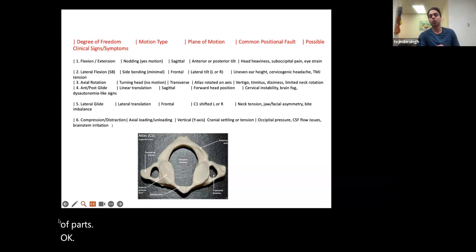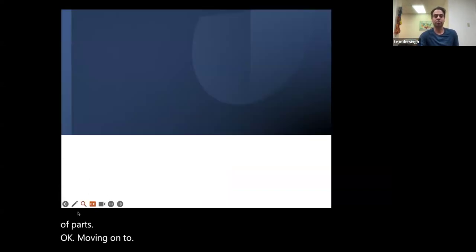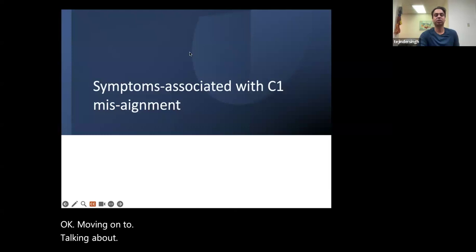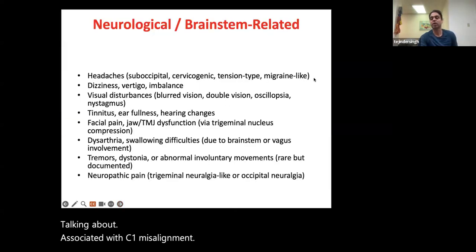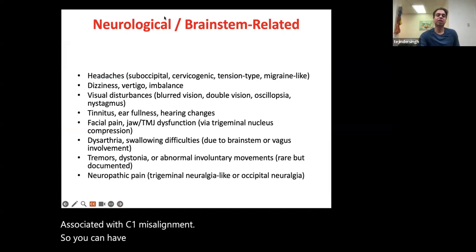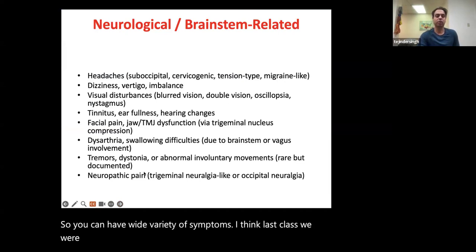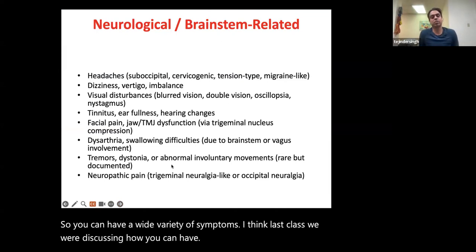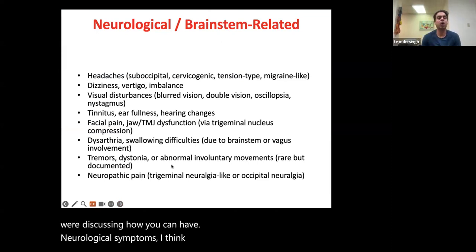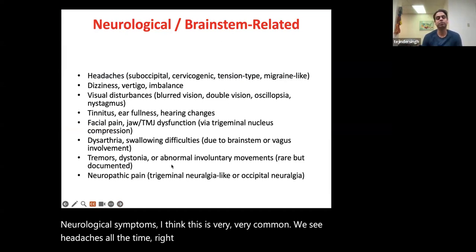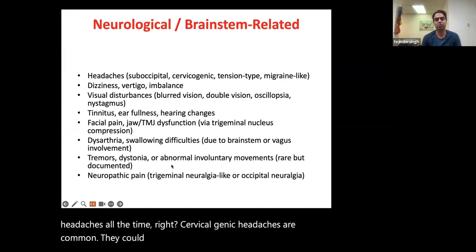Okay. Moving on to talking about symptoms associated with C1 misalignment. So you can have wide variety of symptoms. I think last class we were discussing how you can have neurological symptoms. I think this is very, very common. We see headaches all the time, right? Cervicogenic headaches are common. They could be also related to C1 misalignment.